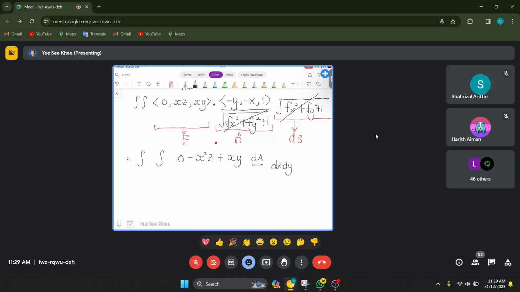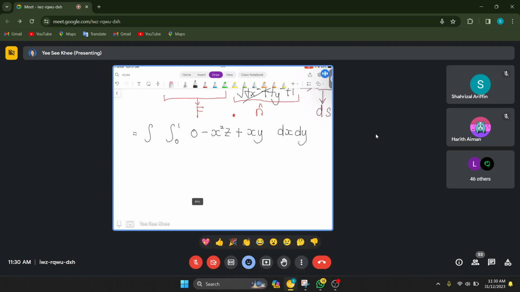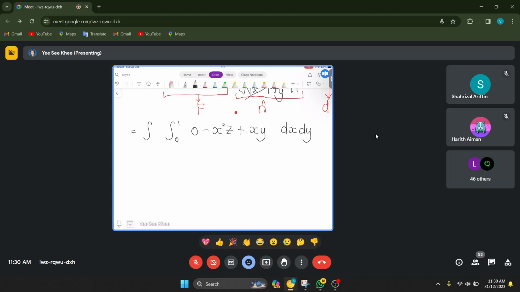This question already gives us the range, so we just replace it. I put dx dy. For x, it is from 0 to 1, and for y it is from 0 to 2. This is given by the question.